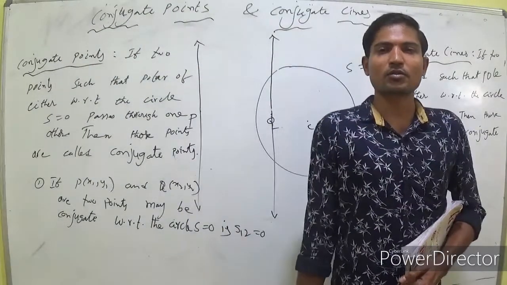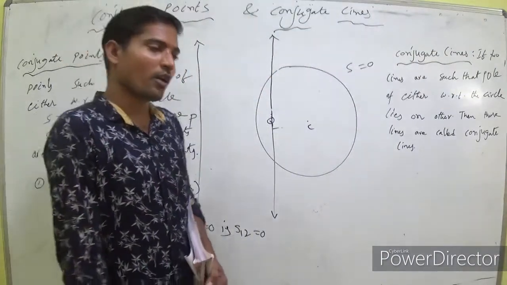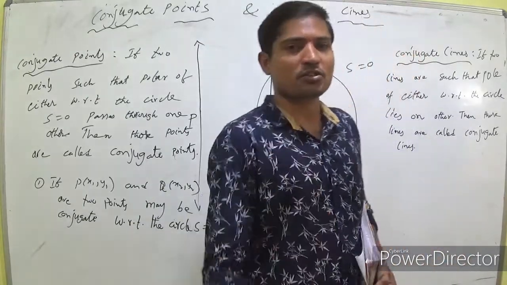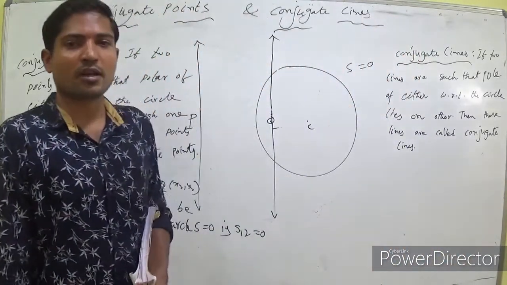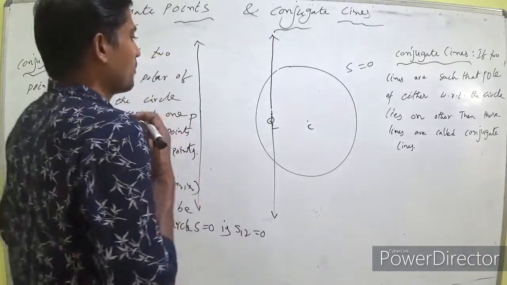What is S12? x1 x2 plus y1 y2 plus g into (x1 plus x2) plus f into (y1 plus y2) plus c equal to 0.